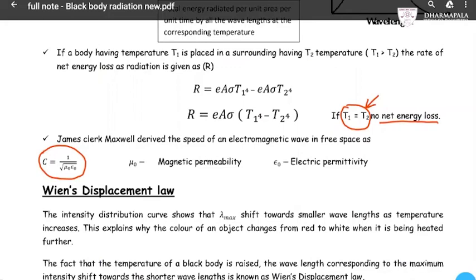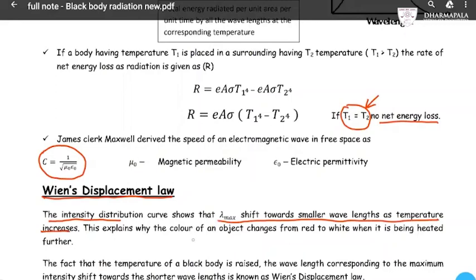Then we'll go to the next part, Wien's displacement law. We have already discussed Wien's displacement law. It says the intensity distribution curve shows that lambda max shifts towards smaller wavelength as temperature increases.